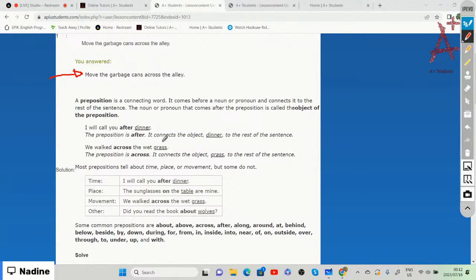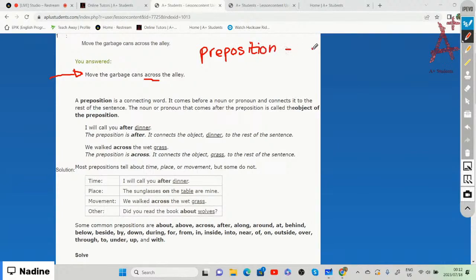All right, so if we were to choose the correct preposition within the sentence, we will choose across, and it shows us movement.